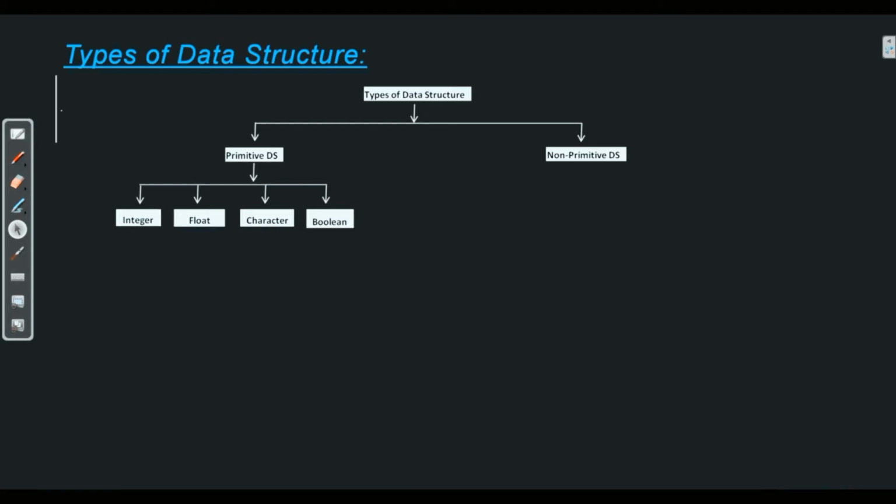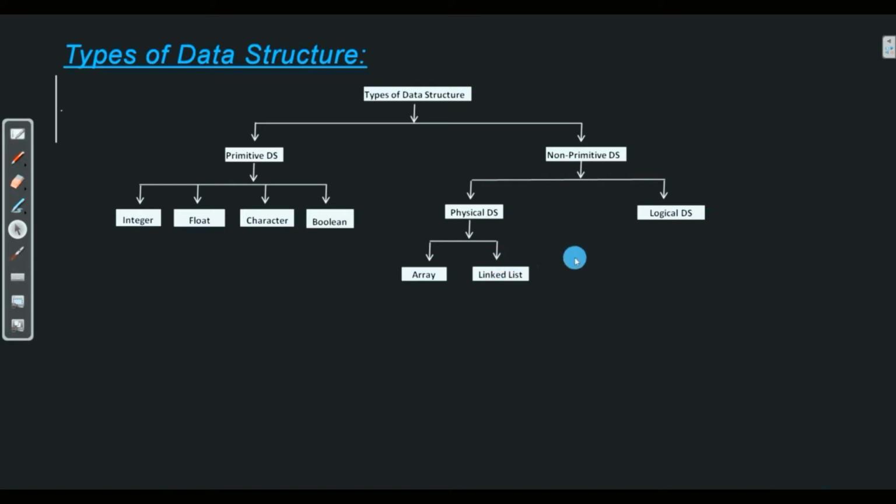Now when it comes to non-primitive data structures, they can be divided into two categories, that is physical data structure and logical data structure. Now what is physical data structure? Array and linked list are typically called physical data structures because they are implemented standalone and they are physically present in the RAM.